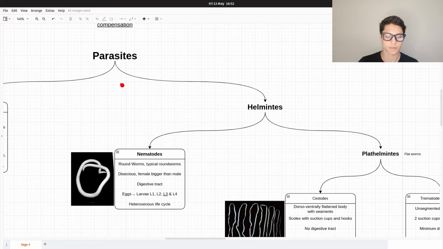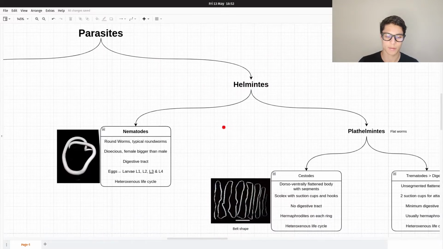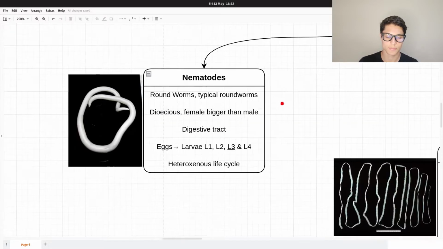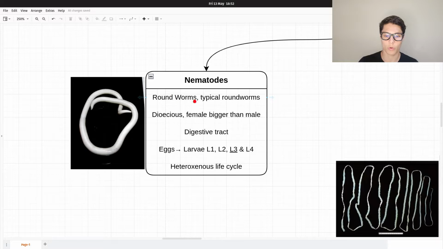Our classification. We're going to view helminths and specifically nematodes. Nematodes are the roundworms, the typical roundworms. They are dioecious. That means that there are males and females, and the female is usually bigger than the male.